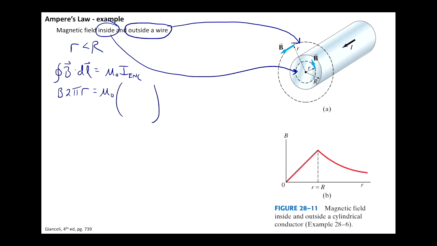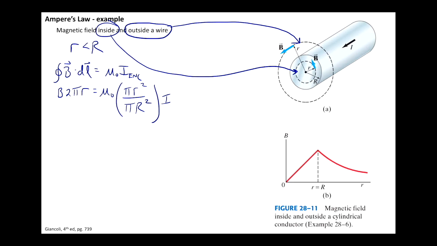The cross-sectional area is pi r squared, depending on whether we're talking about the little r or the big R. So we could say let's just multiply the total current times some fraction of the cross-sectional area, pi r squared over pi big R squared. And that should give me the fraction of the current that's passing through the wire.